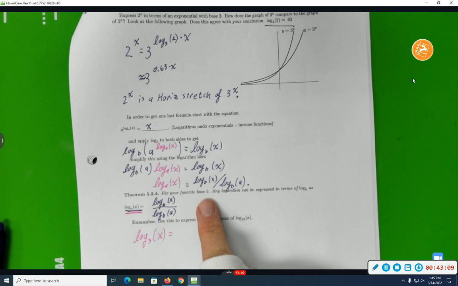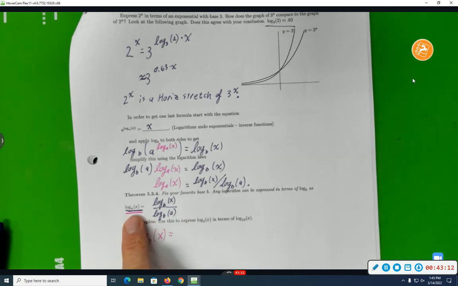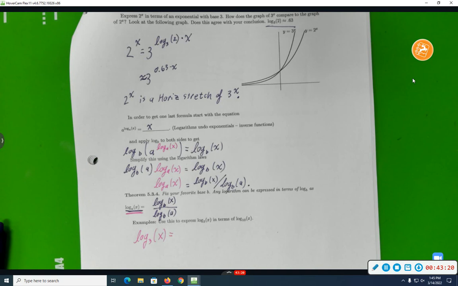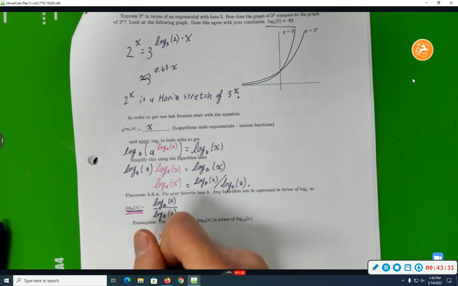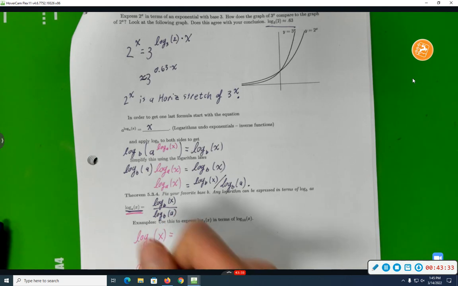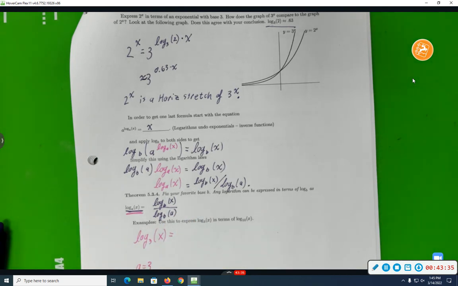This theorem says that you can express the log base A of x in terms of the log base B of x by using this rule. So, what should I use for A? What's the base that I want to get rid of? 3. So I will use that as A. What should I use for B? 10. 10 is the base that I want to see at the end of the day.